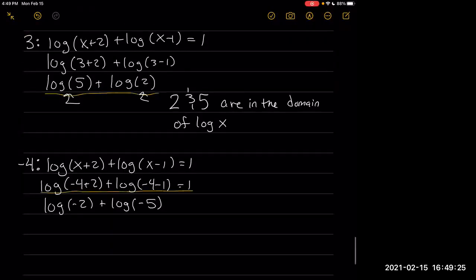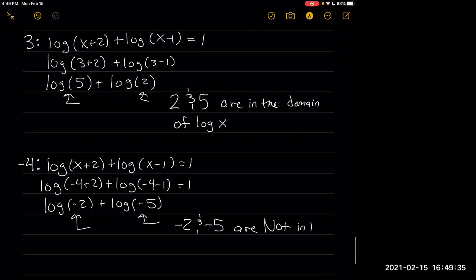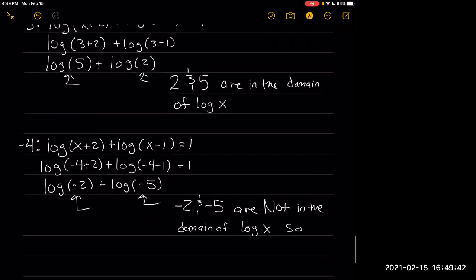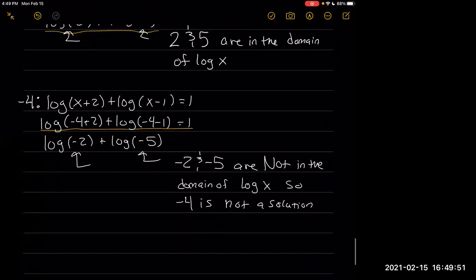Here, negative 2 and negative 5 are not in the domain. So negative 4 is not a solution. That means x equaling 3 is our solution.